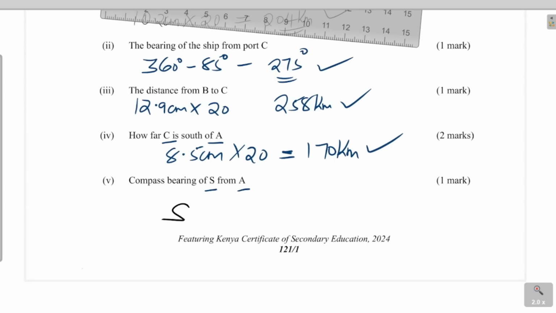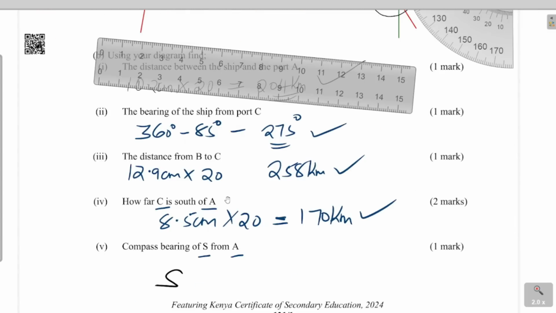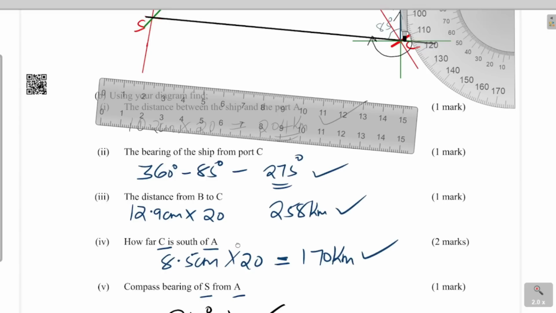Then S is 45 degrees to the west. This is the west. So that is how you're supposed to solve that question.